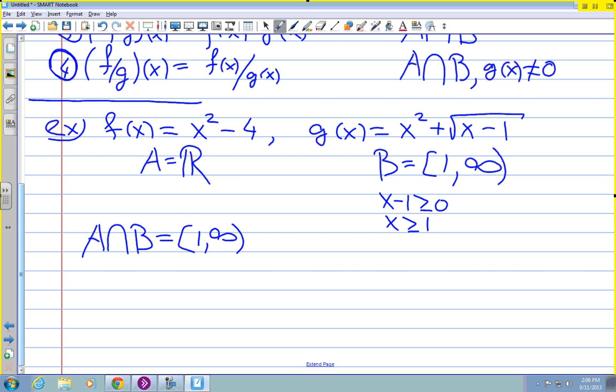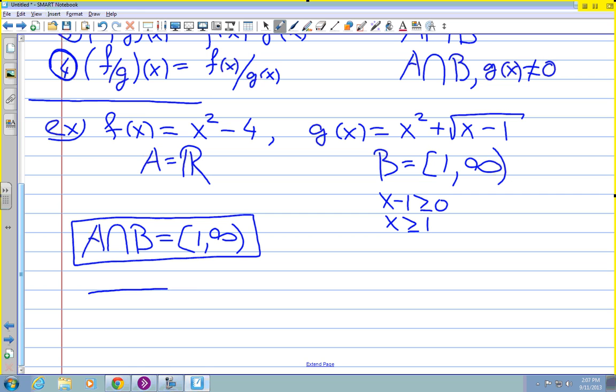So for everything that we're going to do, that will be the domain for the sum, difference, and so forth. We'll keep that in mind. That's just because A is already all real numbers, right? So A is all real numbers, and that just kind of goes to the right of 1. That's the overlap.